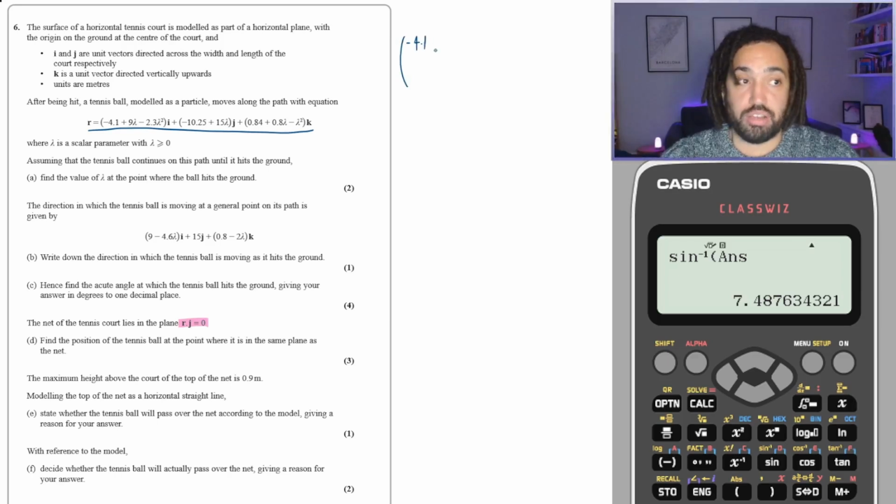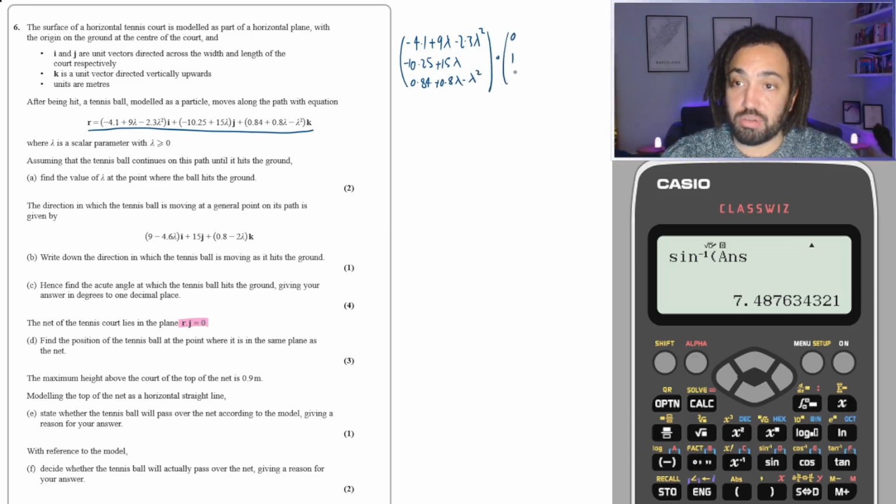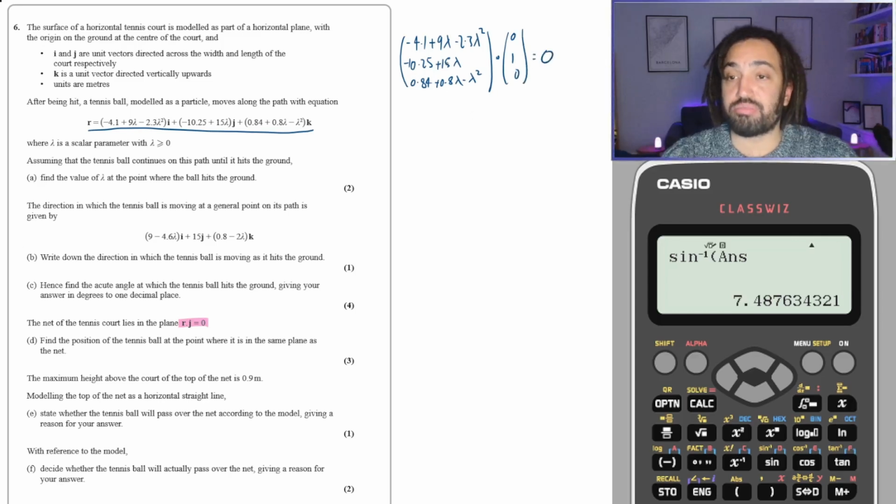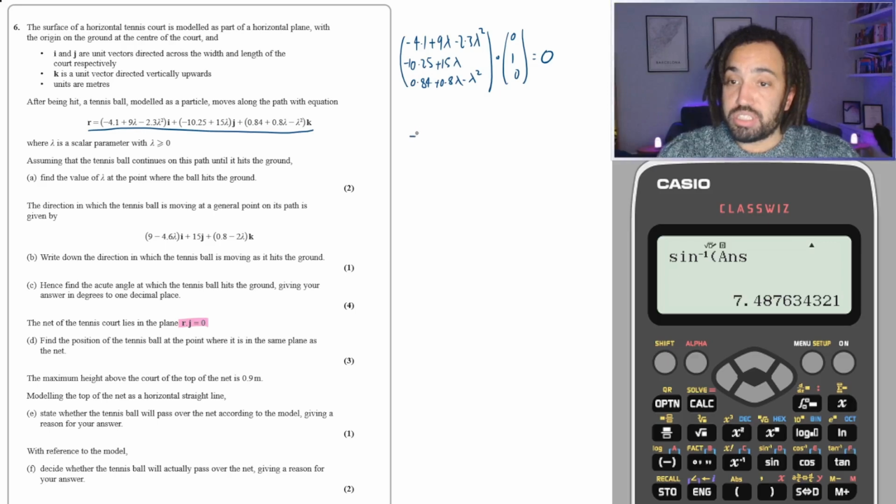So minus 4.1 plus 9 lambda minus 2.3 lambda squared, minus 10.25 plus 15 lambda, and 0.84 plus 0.8 lambda minus lambda squared needs to be dotted with 0, 1, 0, and that equals 0. So it's just this line here, minus 10.25 plus 15 lambda, times 1 is going to equal 0.